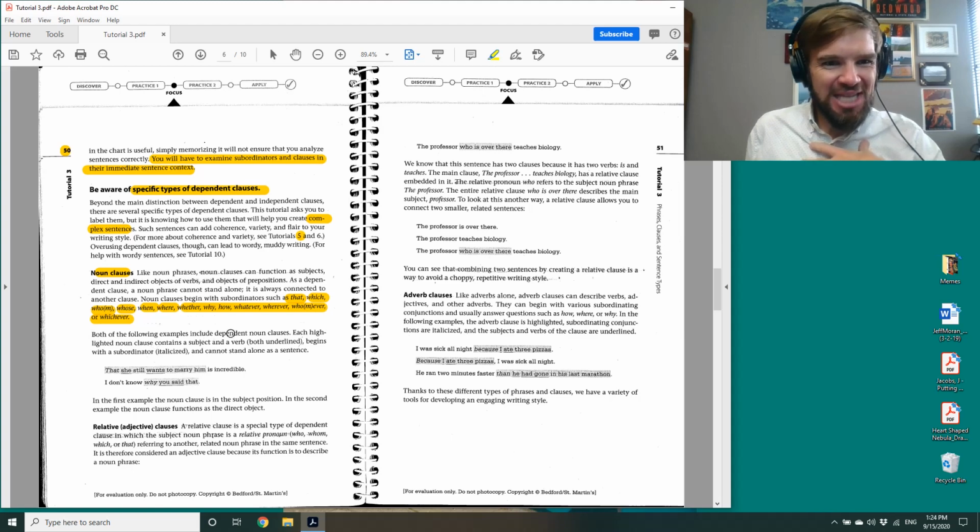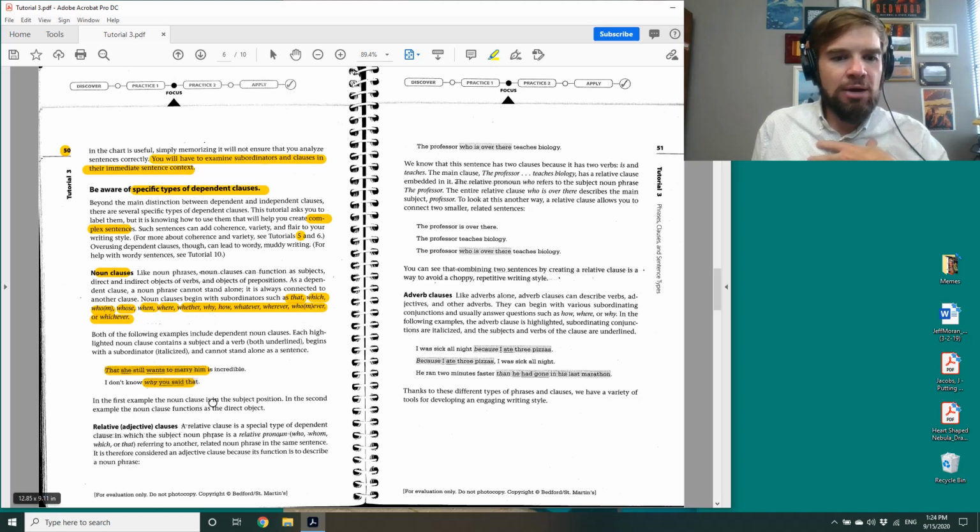Both of the following examples include dependent noun clauses. Each highlighted noun clause contains a subject and a verb, both underlined, begins with a subordinator, italicized, and cannot stand alone as a sentence. That she still wants to marry him is incredible. I don't know why you said that.